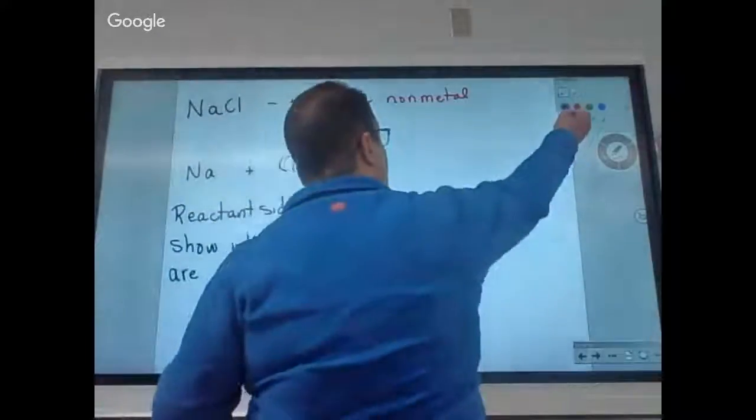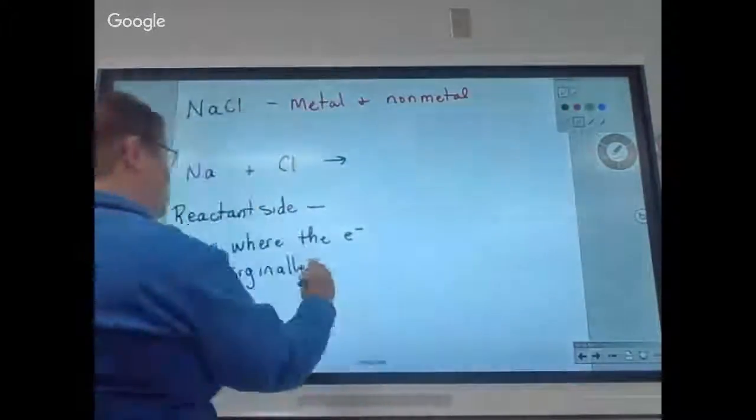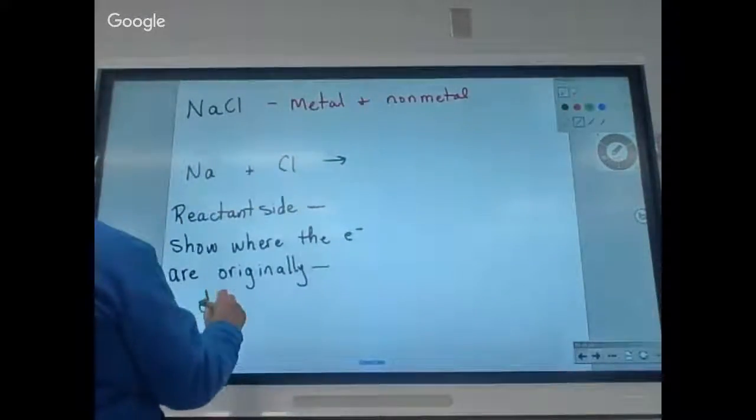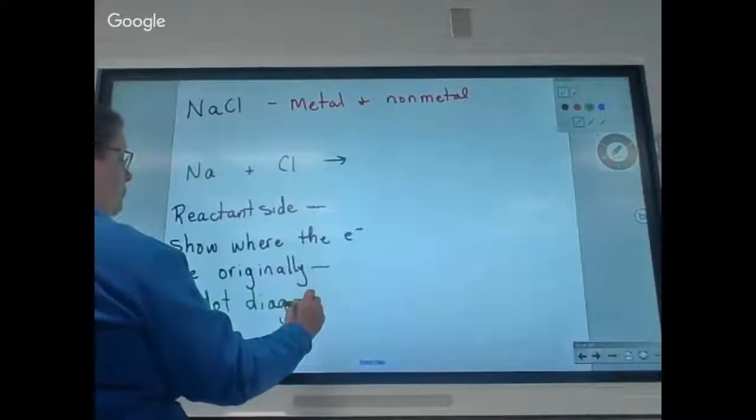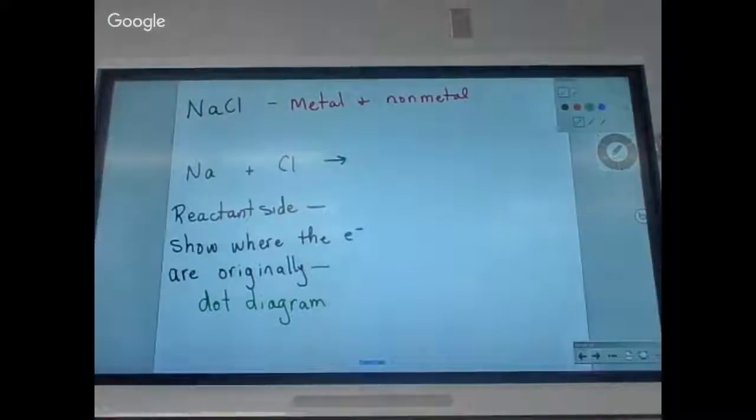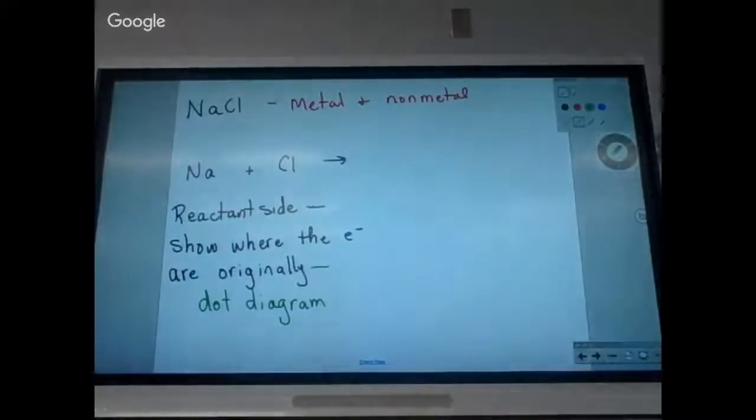Now, if we're showing where they are originally, this is essentially your dot diagram, which we all should remember how to draw.